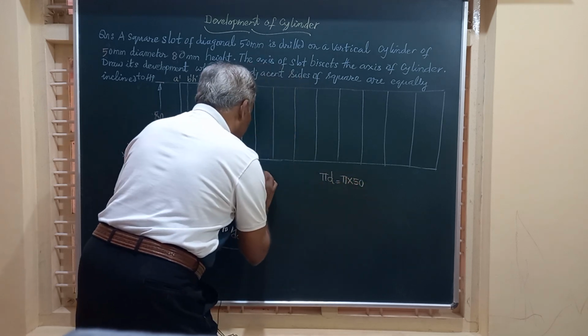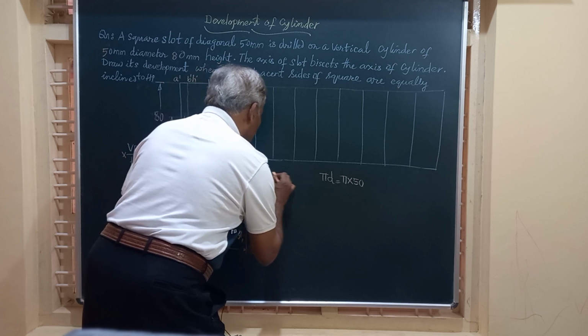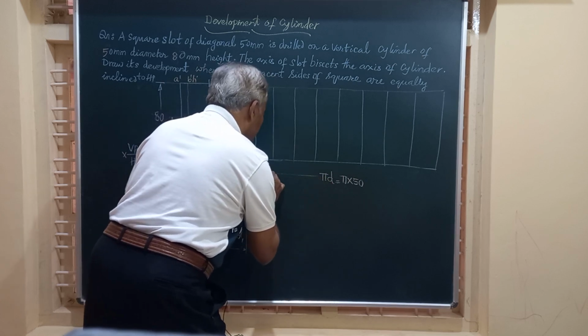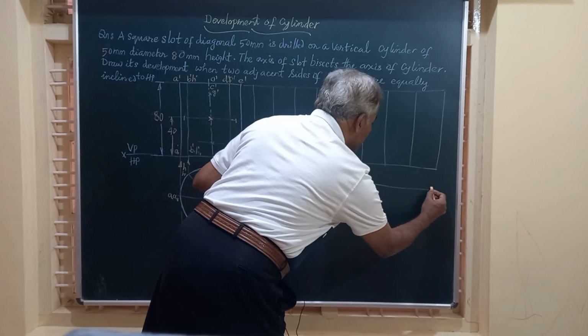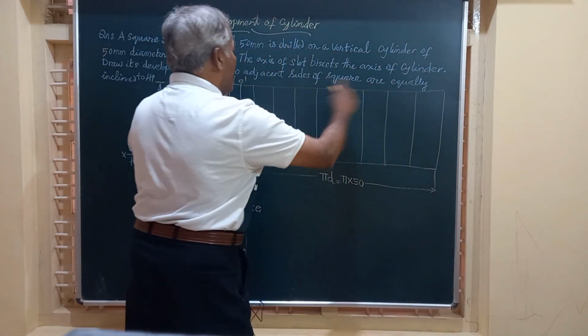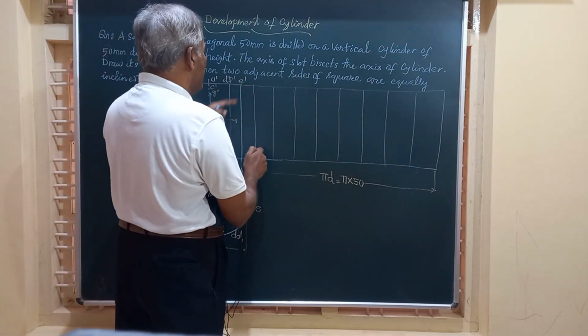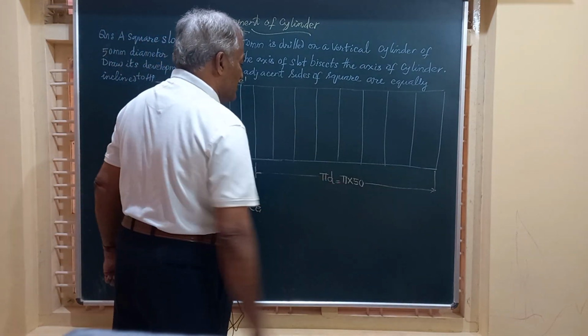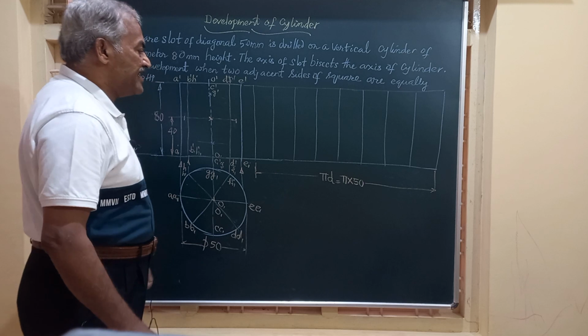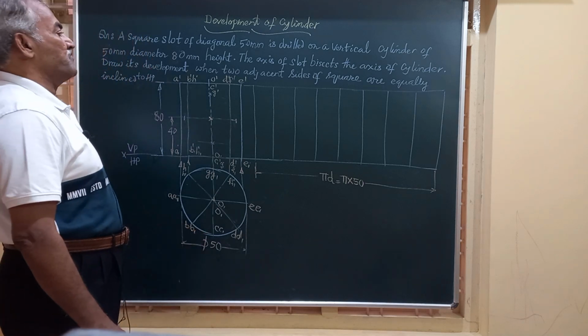So you can calculate and keep that answer. This rectangle will have a height equal to the height of the cylinder, that is 80 millimeter, and the width equal to pi into 50 mm.